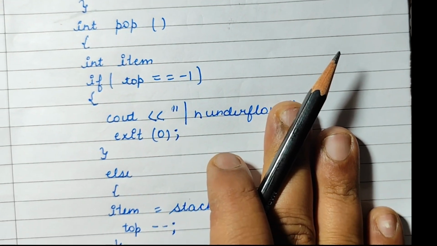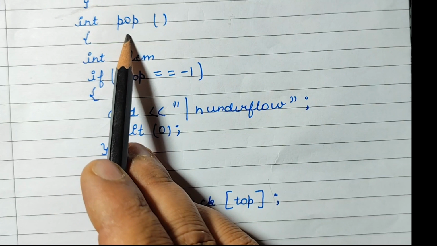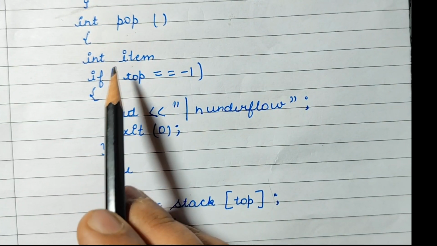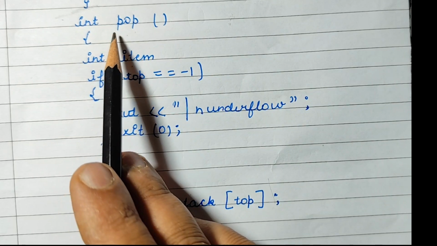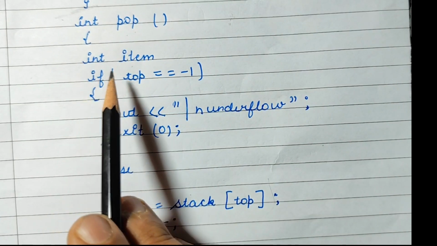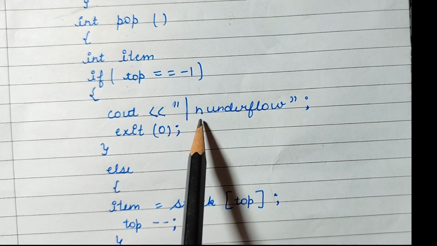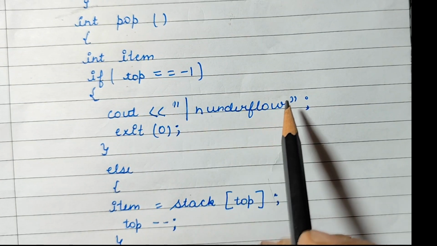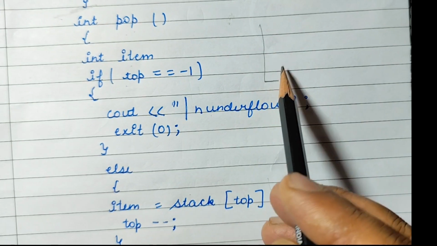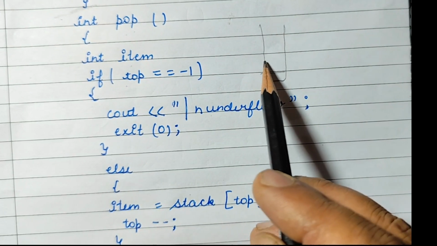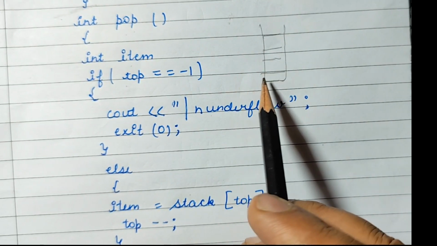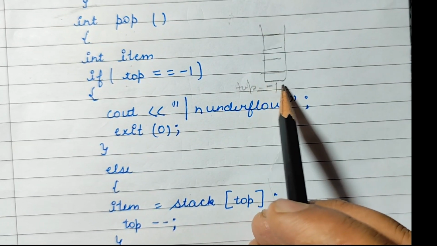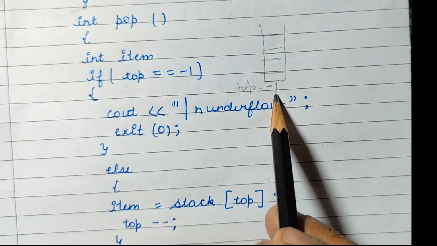Now we perform the pop function. In the pop function, first I declare the item variable. Before performing the pop operation, we first check whether the stack is underflow or not. Underflow occurs when your stack is empty, there is no element in the stack, and you want to delete an item from the stack, because if there is no element in the stack, top has the value -1.